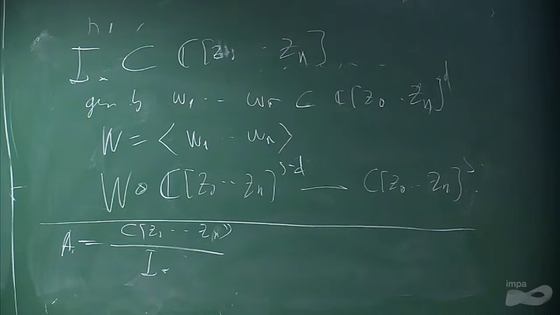A of S is equal to the dimension of C of Z0 through Zn in degree S minus the rank of the Macaulay matrix.